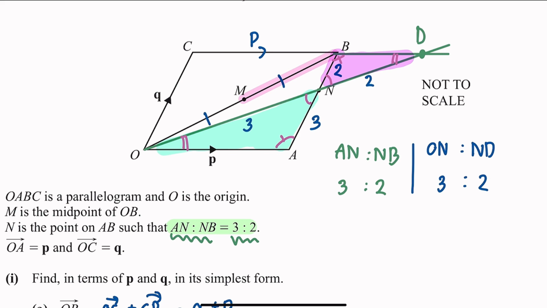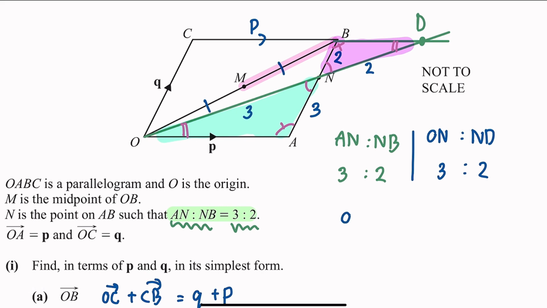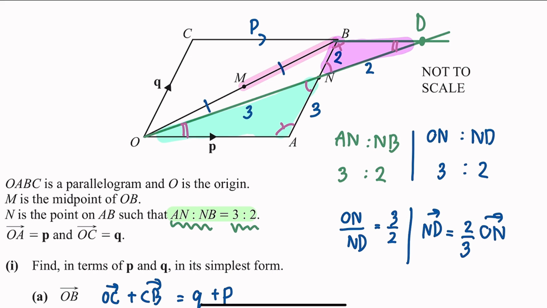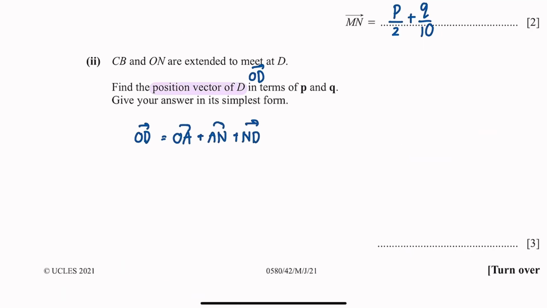And therefore, you can write this as ON over ND is equal to 3 over 2. Therefore, ND is equal to 2 over 3 of ON.